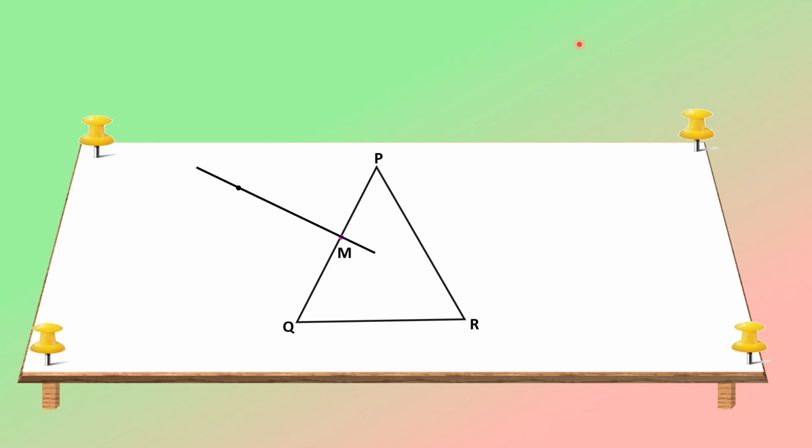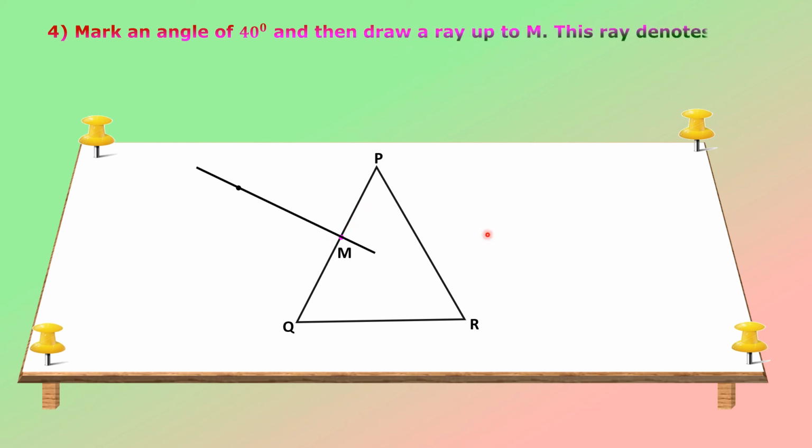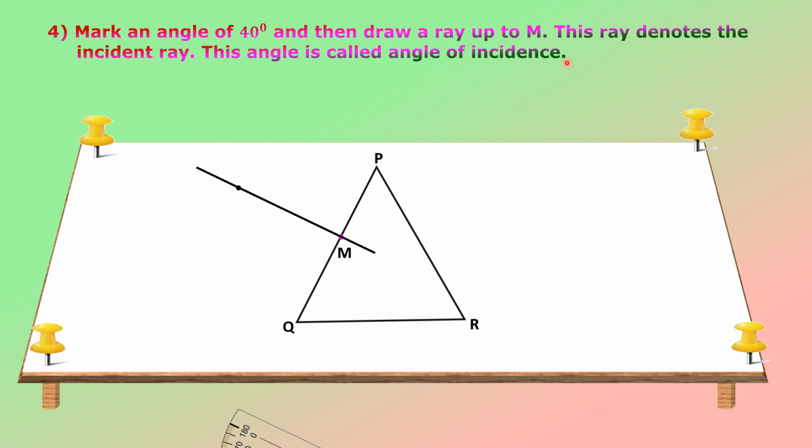Now mark an angle of 40 degrees with the normal. Here, this is the normal. In this case, I am going to take the angle of incidence as 40 degrees. Mark an angle of 40 degrees and then draw a ray up to M. This ray denotes the incident ray, and this angle is called the angle of incidence.